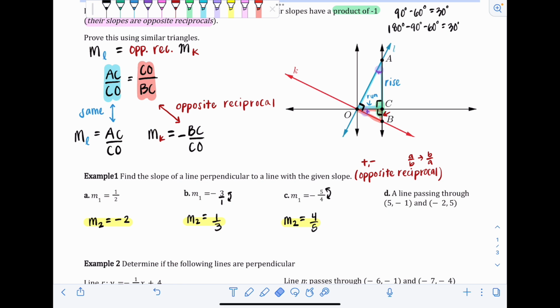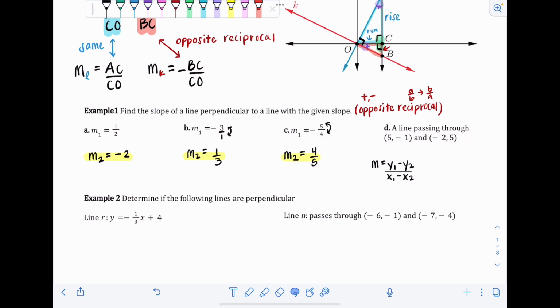And then for D, it says a line passing through (5, -1) and (-2, 5). So this one we're not given the slope first, but we have to find it. We do have the tools to find it. We have a slope formula. The slope formula is m equals y1 minus y2 over x1 minus x2. And remember, it doesn't matter which point you make point 1 and which one you make point 2.